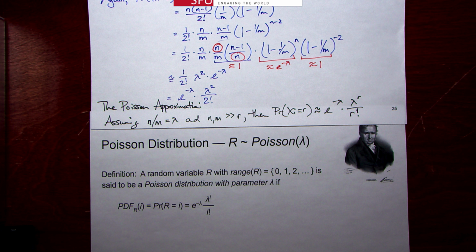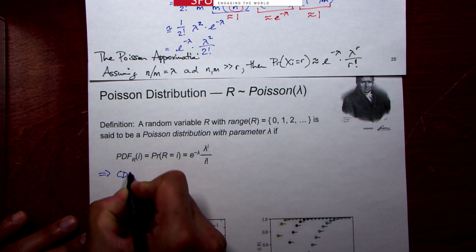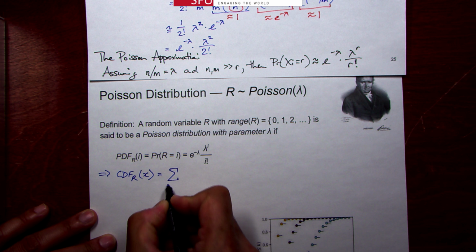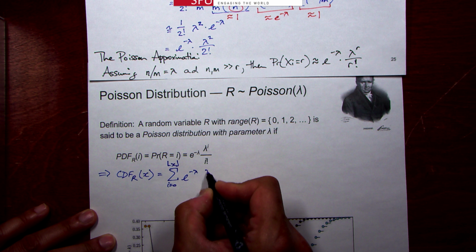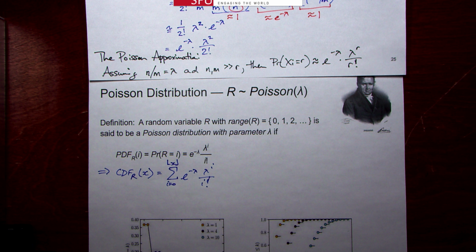Anyway, it's a Poisson distribution with parameter lambda if it follows exactly what the Poisson approximation was from the previous page. And if you were to develop the CDF, you would just take the summation of a whole bunch of these things: i equals 0 to x of e to the minus lambda, lambda to the i over i factorial.